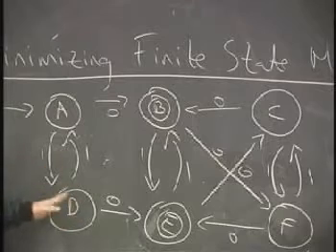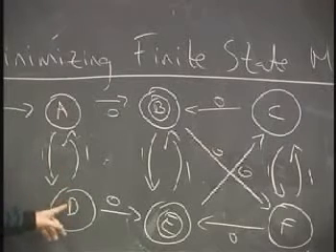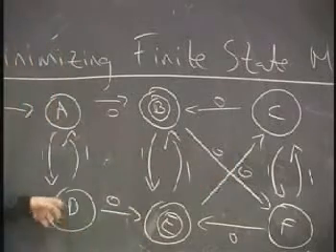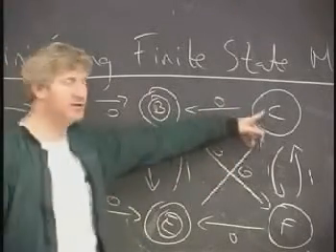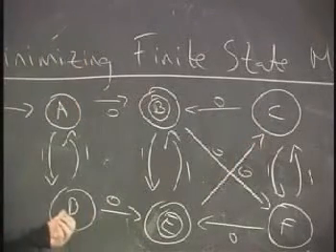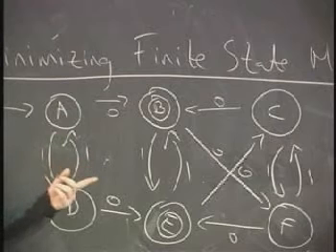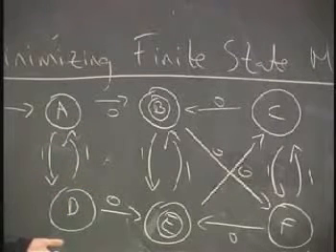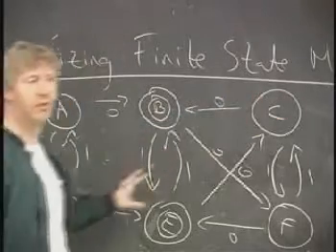What if no matter how many symbols I started looking at from D and how many symbols I started looking at from C, whenever I accepted for D, I also accepted C, and whenever I didn't accept D, I didn't accept C? Then what's the point of having two different starting places? I might as well merge these into one place.